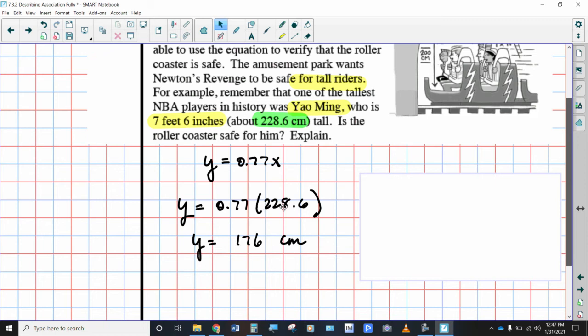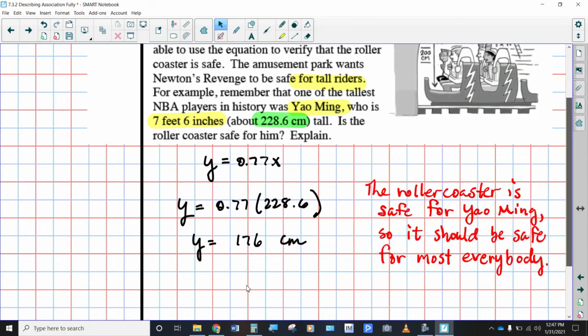So the tallest person in the NBA, which is made up of very, very tall people, still has about 24 centimeters of clearance, which is a little bit nerve-wracking, but it should be safe. So for most people who aren't super, super tall, we would recommend that they could go on this ride without having to worry about hitting the top of that tunnel.